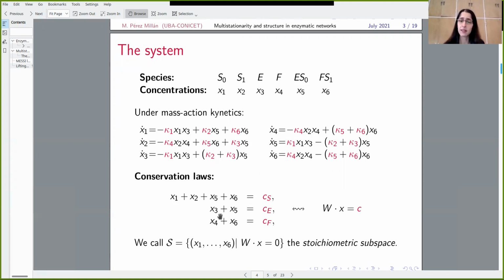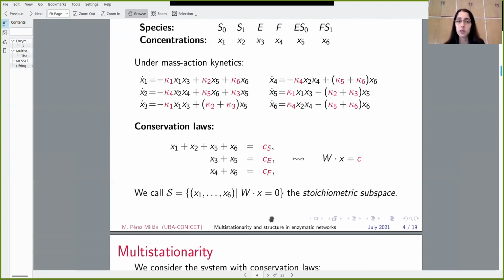So we can write this linear system as a matrix times the vector of species concentrations equal to a vector of constants. And if we write it down equal to 0, we get a subspace. I write it down here. And this subspace is called the stoichiometric subspace.